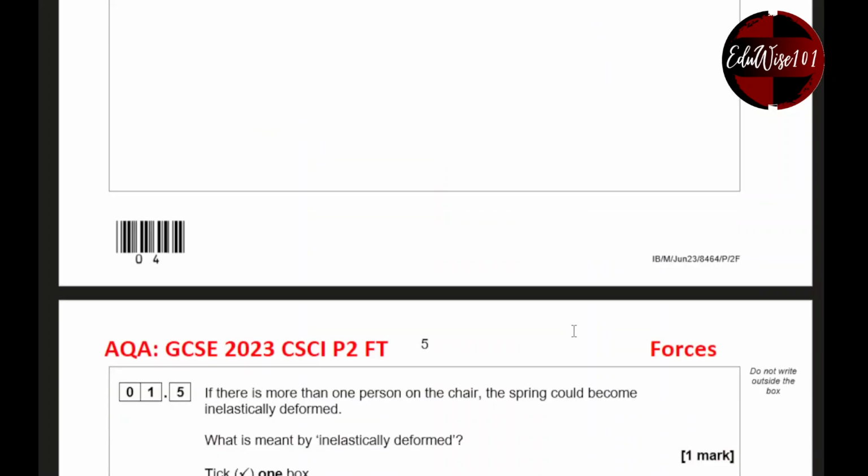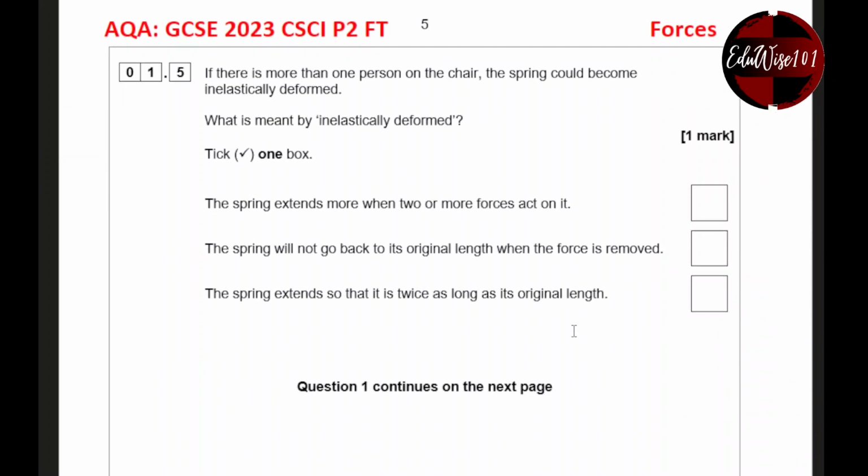Question 1.5. If there is more than one person on the chair, the spring could become inelastically deformed. And if you put too much weight, the spring will become inelastically deformed. What is meant by inelastically deformed?